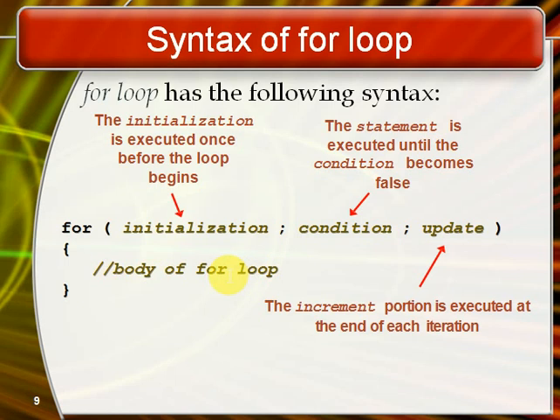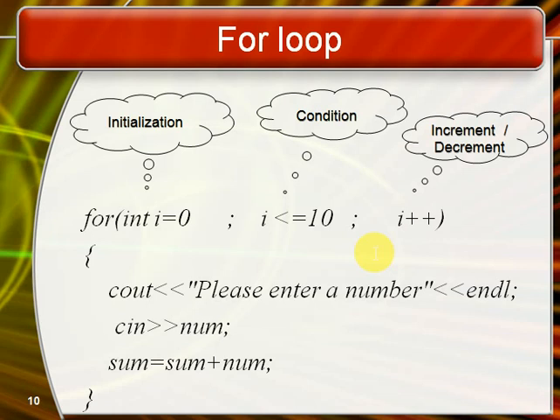It is important to mention that the initialization is executed only once before the loop begins. Then the condition: the statement is executed until the condition becomes false. And the third part, the update part, the increment or decrement portion, is executed at the end of each iteration. Here is a sample example of a for loop.